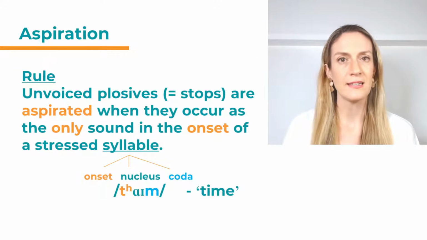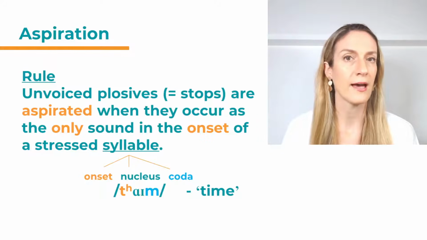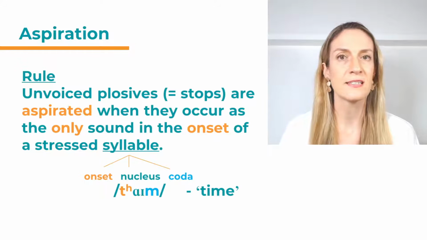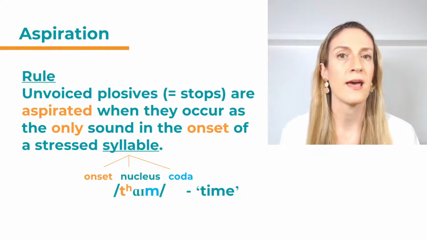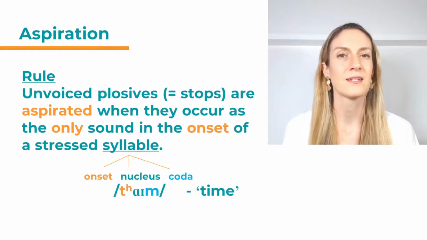This means aspiration. It's not the full h sound as we had in hello or unhealthy. This elevated small little h means that the previous plosive was aspirated. So it's not just t, but tʰ, tʰ, time, time.